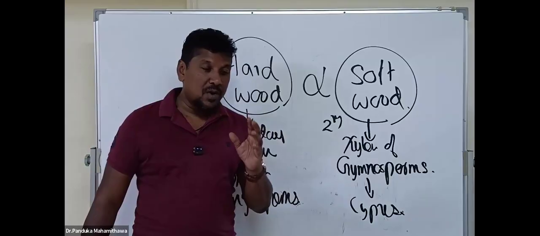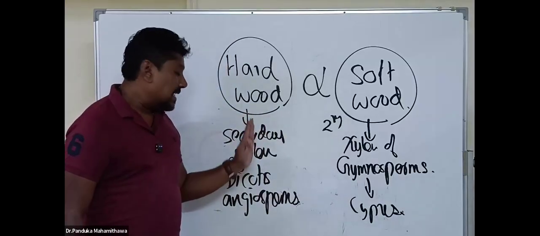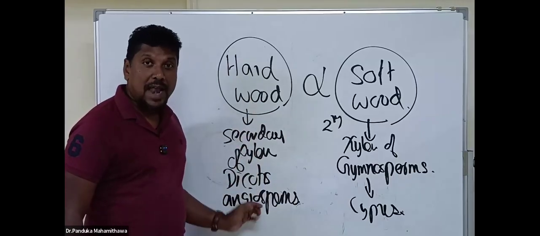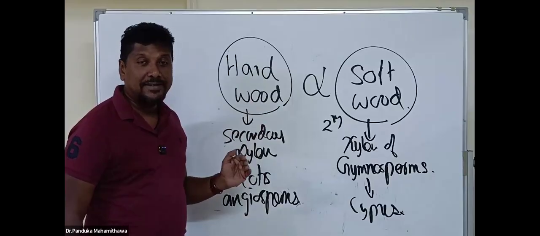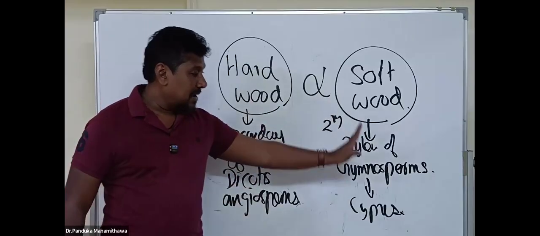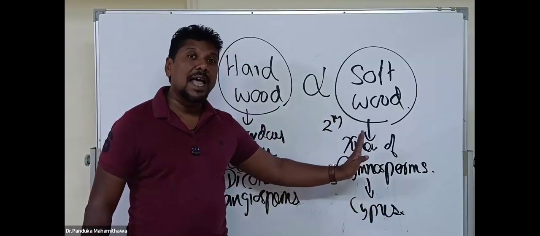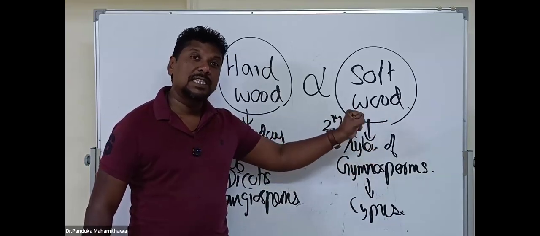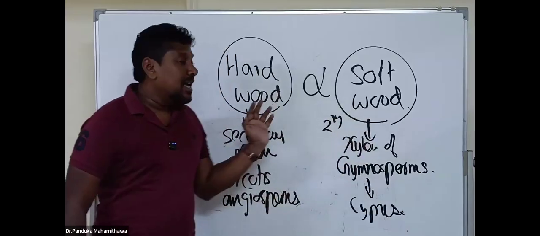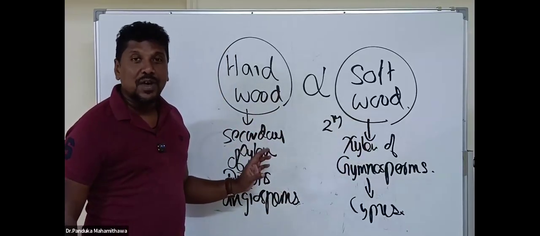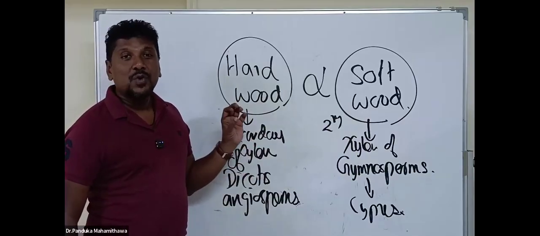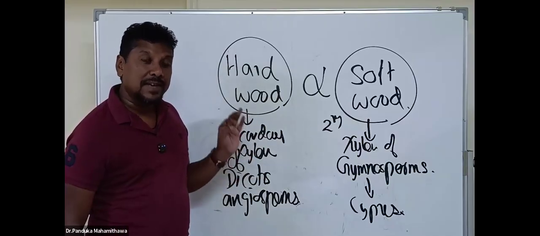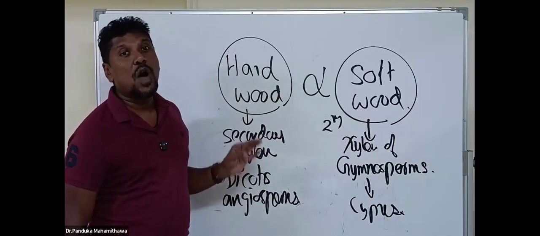So the amount of tracheids is less in angiosperms, and more vessel elements are there. But in gymnosperms, vessels are absent. Only the tracheids are there. Therefore, this wood is not as hard compared to the angiosperms. That is why we give this definition. The secondary xylem in the angiosperm has vessel elements, and therefore it is harder.